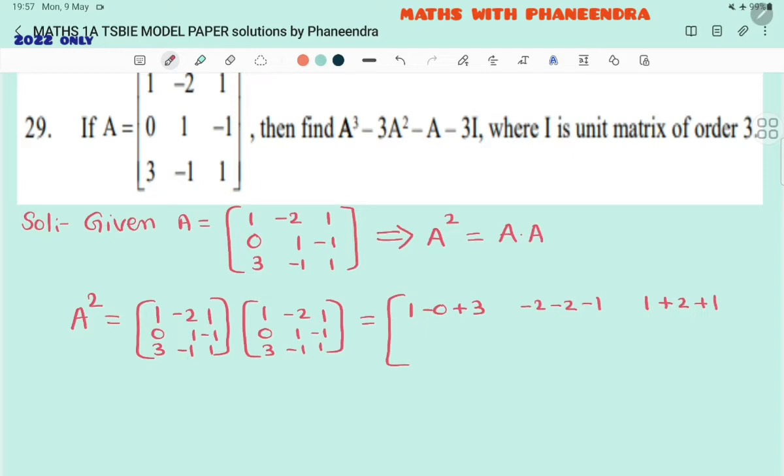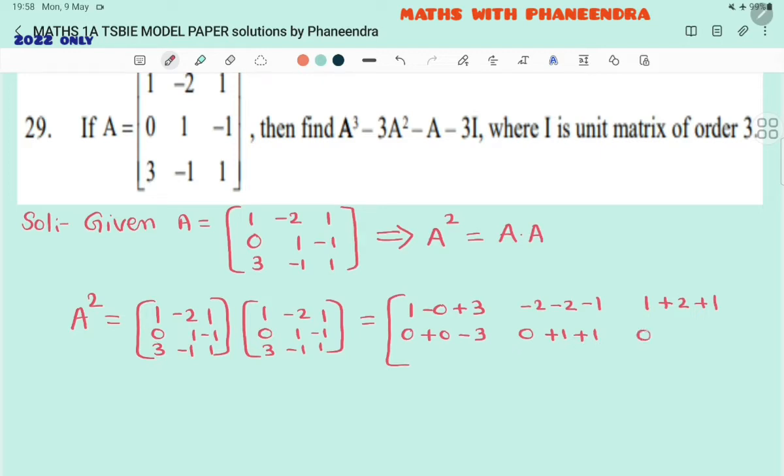Next second row, first column: 0, 0, -3. Then 0 into -2, 1 into 1, -1 into -1.